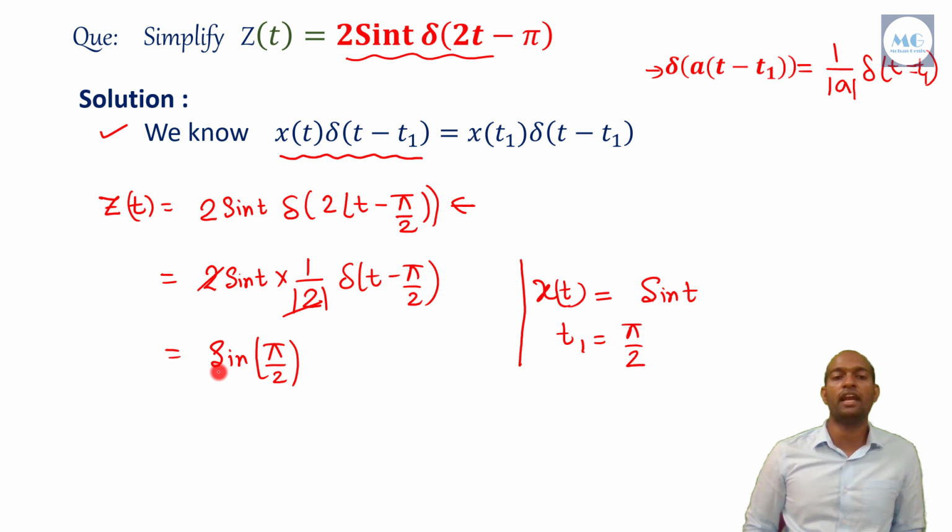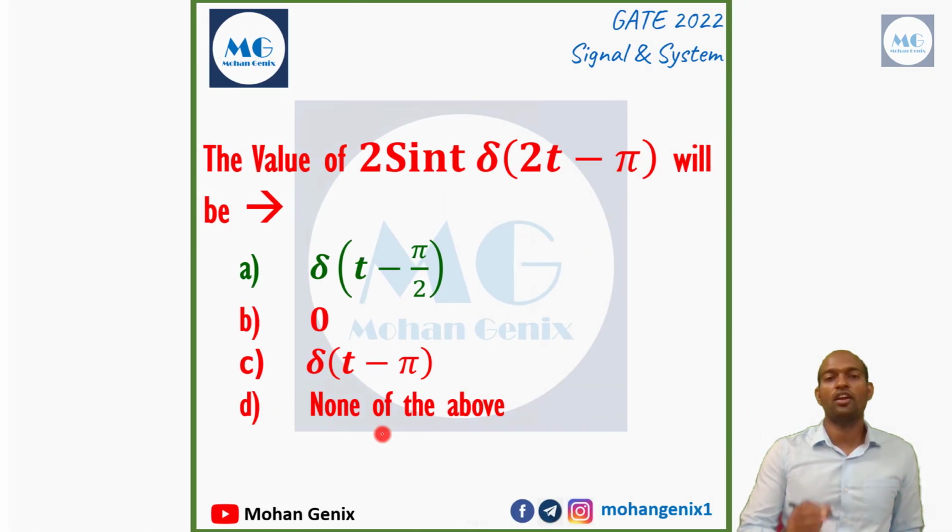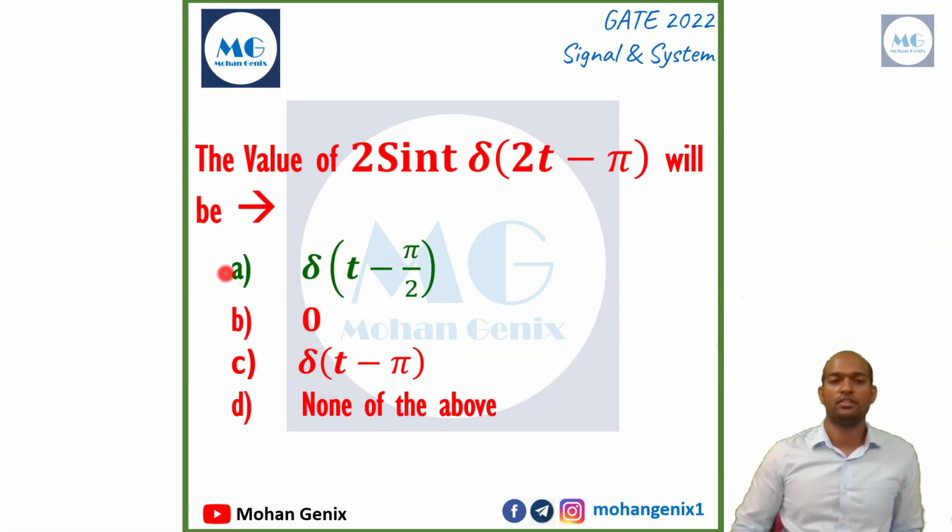That's why I am directly writing sin(π/2) δ(t-π/2). Now sin(π/2) is equal to 1. That's why it will ultimately become δ(t-π/2), which was our option A. I hope all of you have got it right.